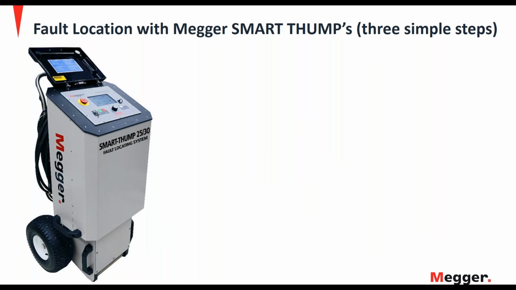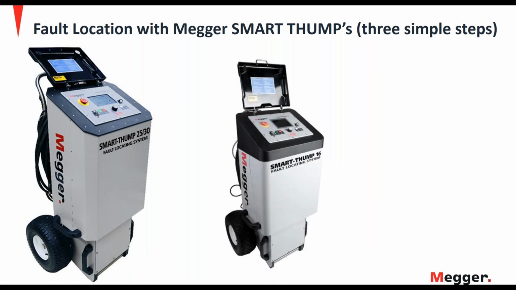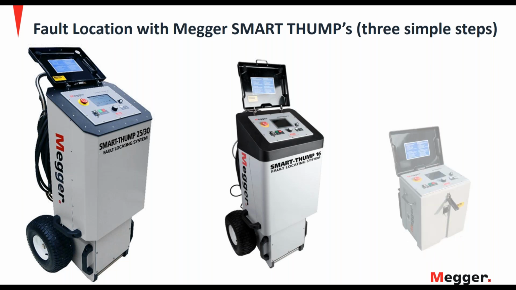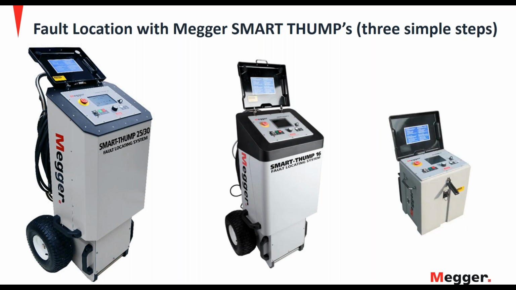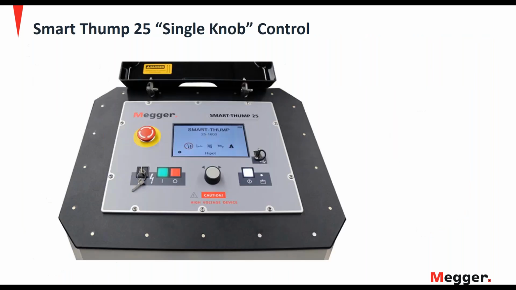In addition to the Smart Thump 25, Megger also offers a Smart Thump 16 and a much smaller Easy Thump. And all of these units operate with the same control panel. Basically, if you can run one, you can run the other. So it's just a matter of choosing the appropriate voltage level for what you need at your particular work site.